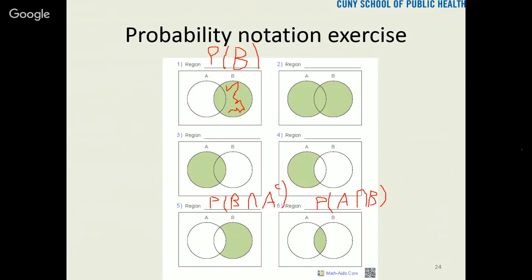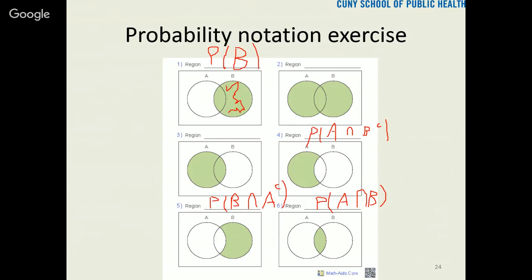Maybe I'll spare you writing it out here because I'll write it out. Probability of A intersection with B complement. All right, you guys are probability pros.